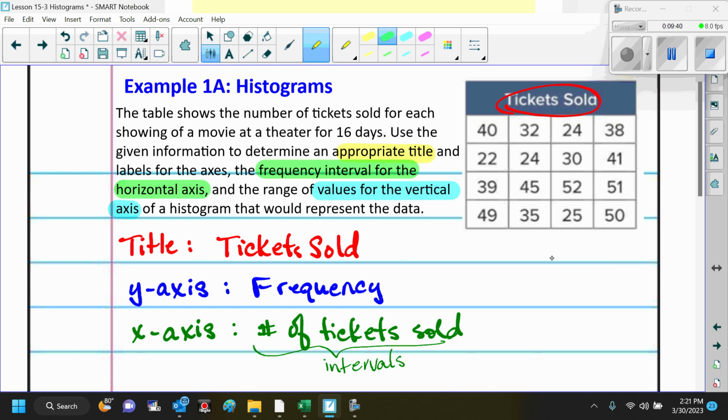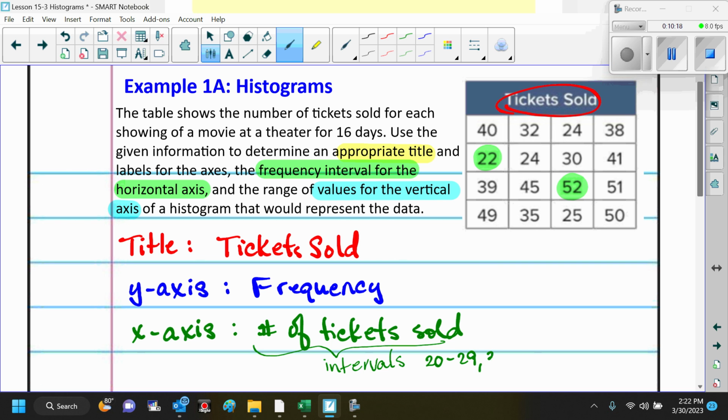So let's see here. We've got the lowest number, 22, and the highest number, 52. Okay, so how about if we counted by tens? So we could have intervals that were, let's see here, we can count from 20 to 29, so that's all of the 20s.